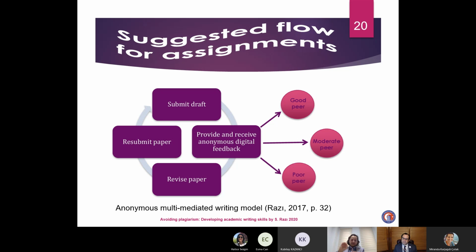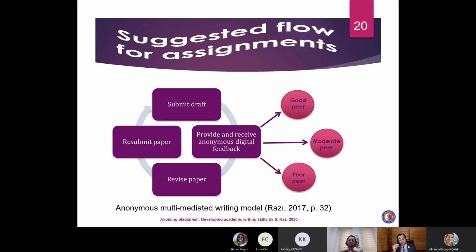So it means that every student will be receiving feedback from a student who is considered to be good in writing, one who is considered to be moderate, and one who is poor in writing, which is quite similar to what happens when we submit an article to a journal, because we will be receiving feedback from several reviewers, and probably there will be contradictions between the feedback of these reviewers.